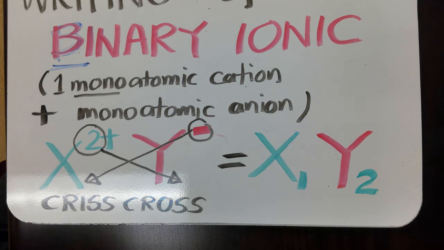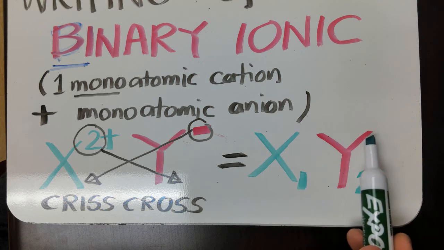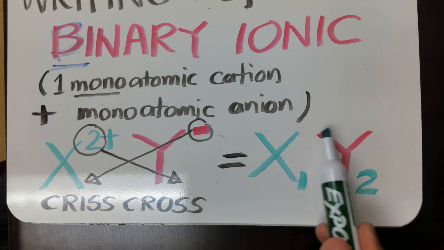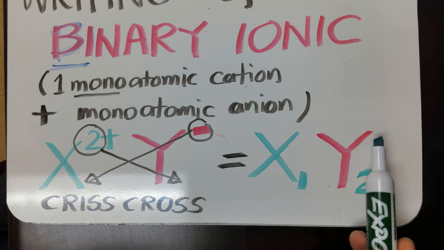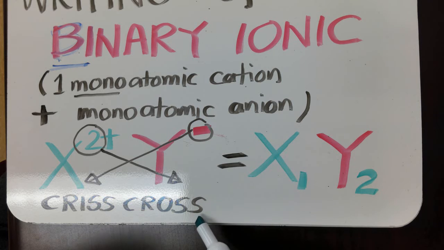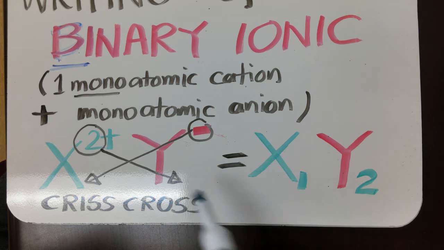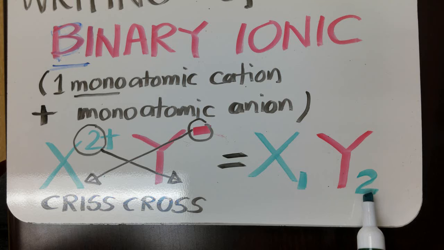And when we crisscross, in the final chemical formula you do not have to write the positive and negative symbols anymore. There's no more positive and negative; you discard them. The crisscrossing focuses only on the numerical values, switching them over and putting those numbers as subscripts.